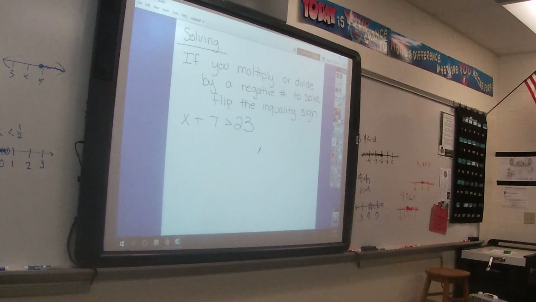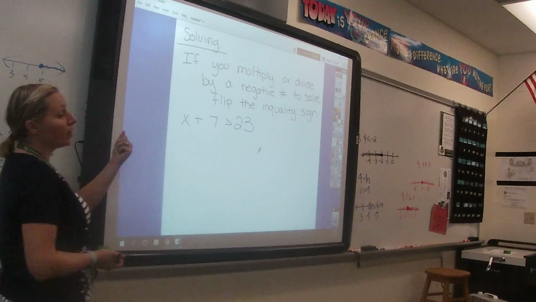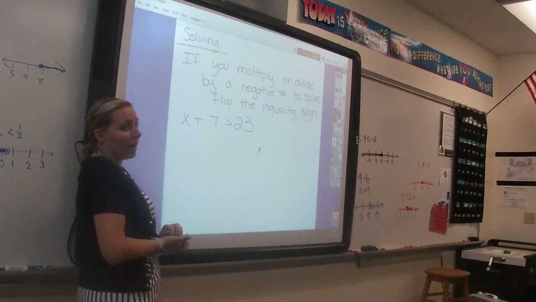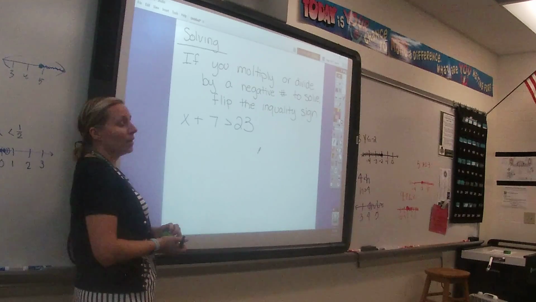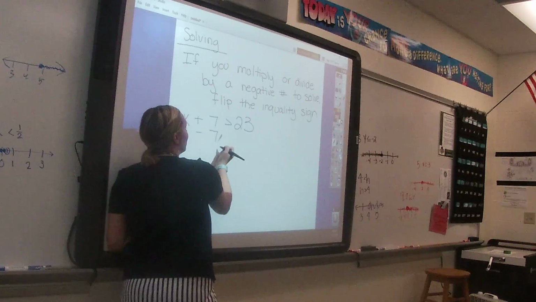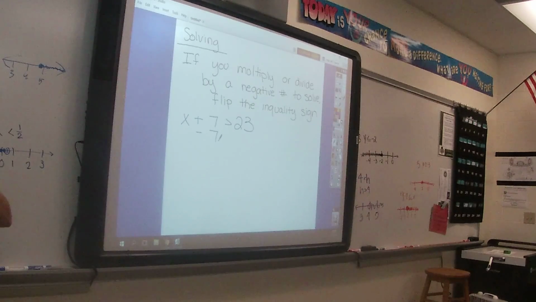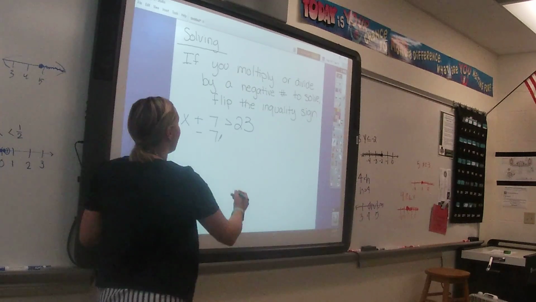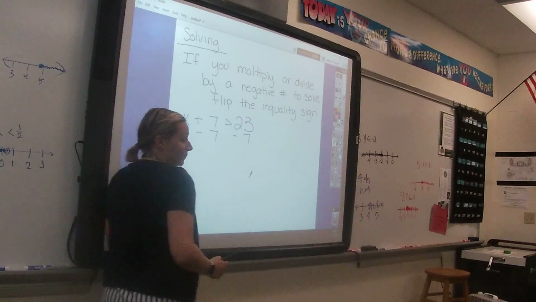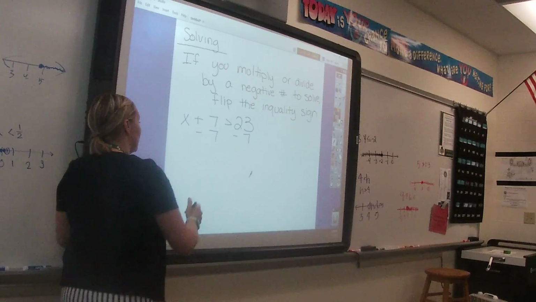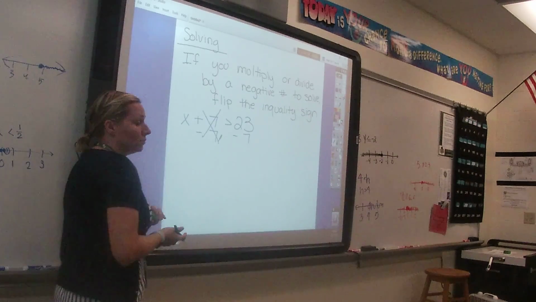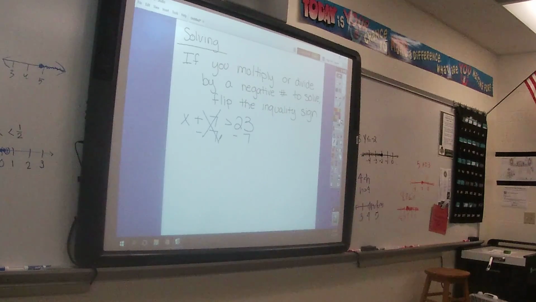Our variable's on the left. What number is over here with it? 7. How do we undo adding 7? Subtract 7. Whatever we do to one side of the equation, we do to the other side. So whatever we do to one side of the inequality, we have to do to the other side. Our 7's cancel. Did we multiply or divide by a negative in that step?